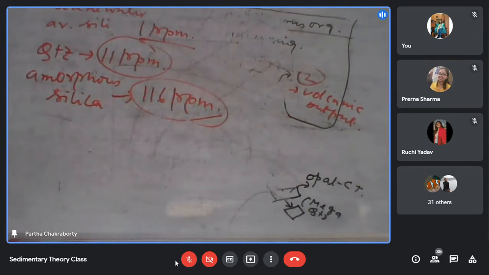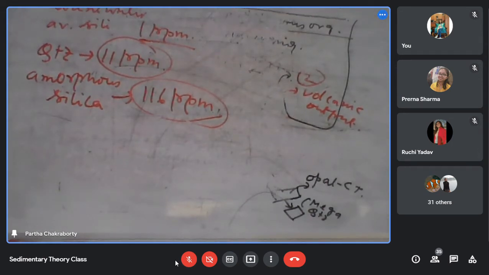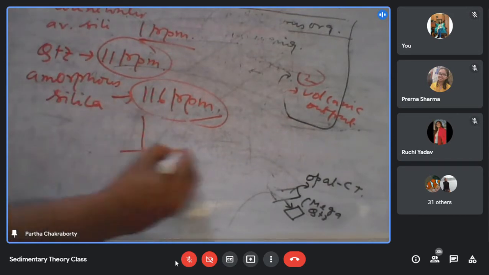They scavenge silica, and as they make their test, at the same time, they also grow a metallic sheath. That is a layer of metallic sheath that protects their test from the wrath of the marine water. Now, what happens when these organisms die and they settle on the bottom of the ocean?